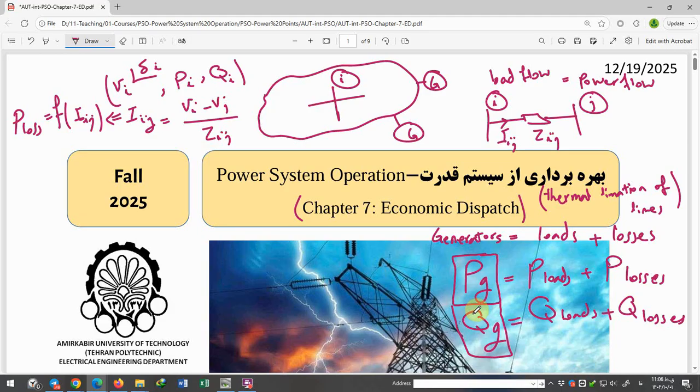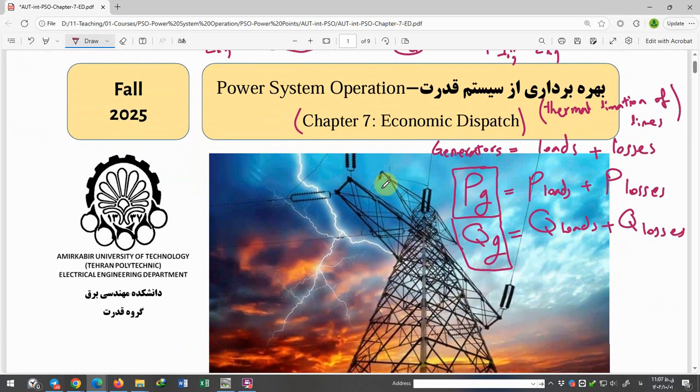The total cost of generation is economy or cost effect. So this chapter is called economic dispatch.